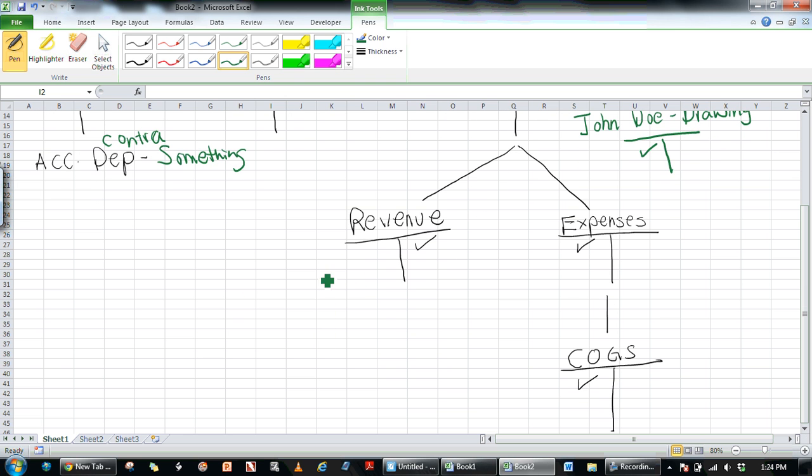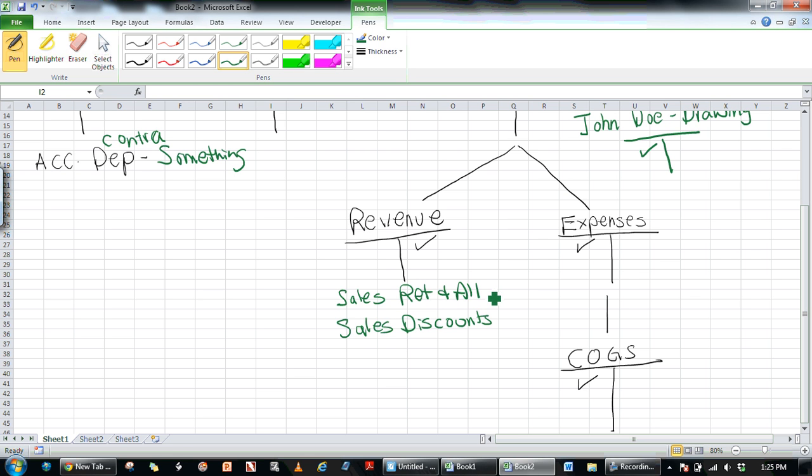What other contra accounts have we learned of? In revenue, we've learned of sales returns and allowances. That'll have an opposite balance to revenue. It'll increase on the debit side because it decreases sales when people return stuff. Same thing with sales discounts, a contra revenue account.